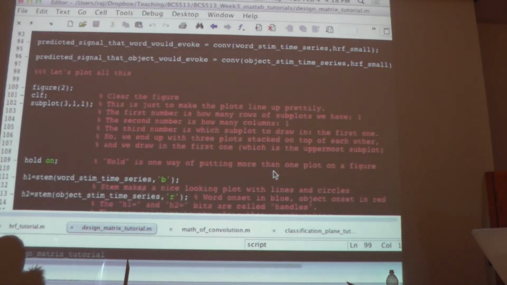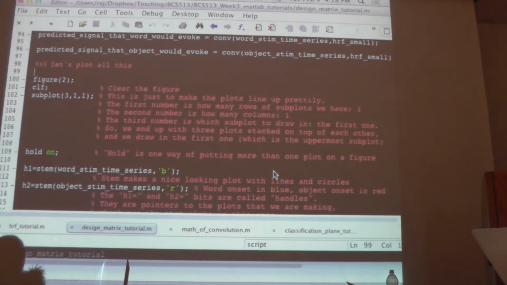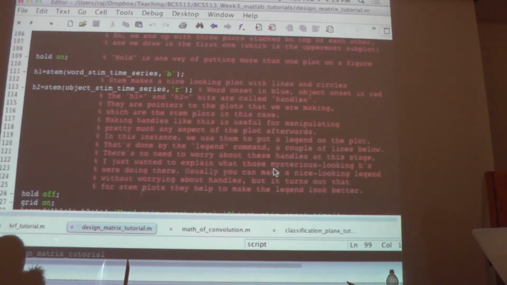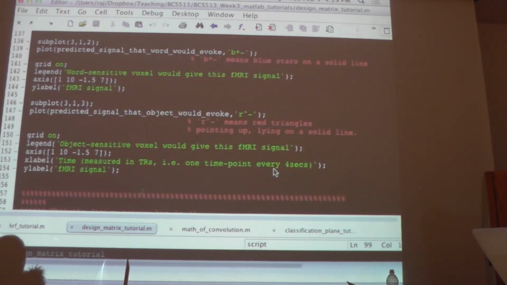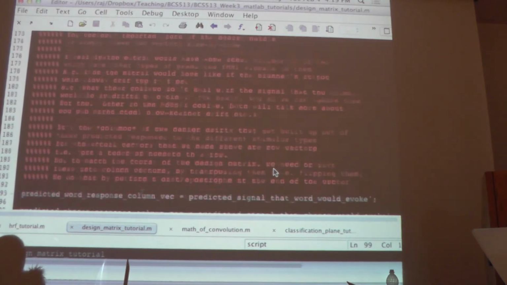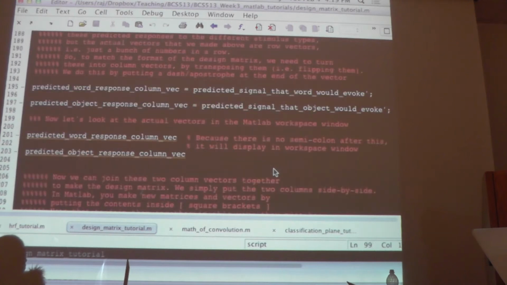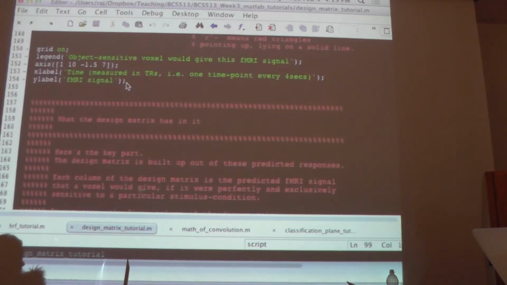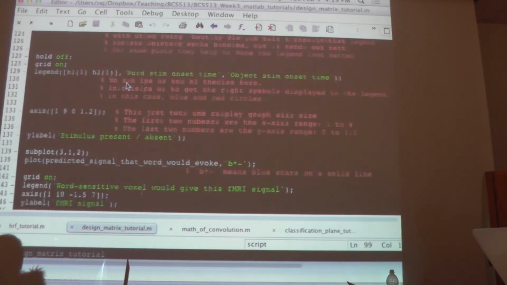Now we can get to a sort of prediction. Suppose I had a voxel that responded. These things that I just made were just a bunch of numbers in a row.